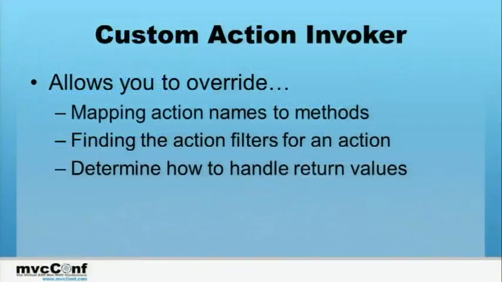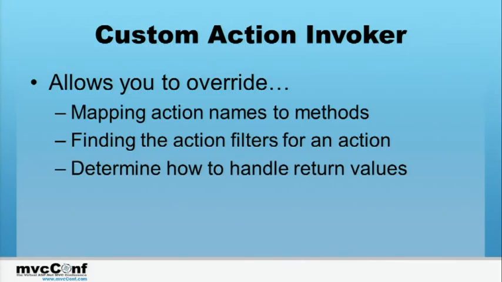It allows you to determine how you're going to map action names into methods. And the way it does that by default in the controller action invoker, which we're going to override here in a minute, is reflection, but it also uses the action name attribute to help you override that if you need to rename an action so that it doesn't exactly match its own method name.